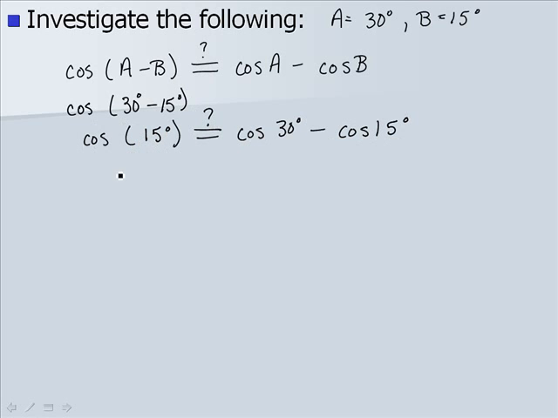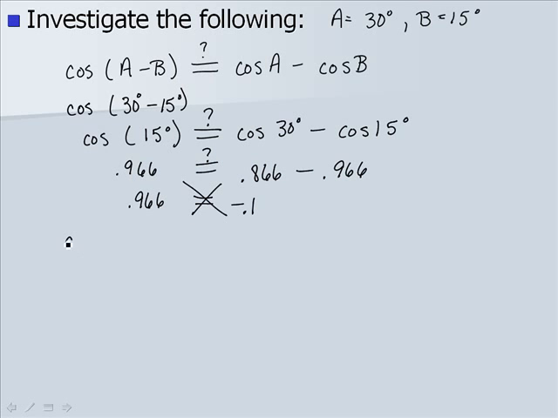Cosine of 15 degrees, when you evaluate that on your calculator, will give you about 0.966. We want to see, is that equal to cosine of 30, which is about 0.866, minus 0.966? When we work this out, we'll get negative 0.1. So we see that this is not equal.